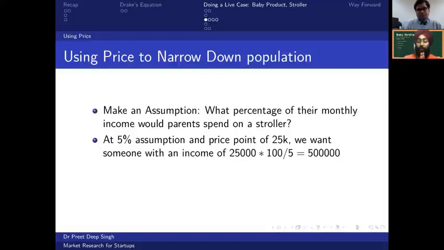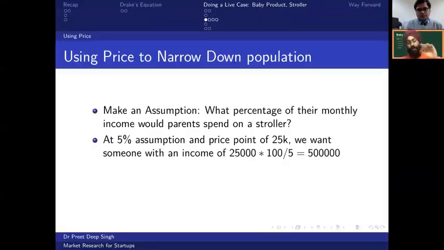Just a 5% of their monthly income assumption at a price point of 25K, we take a 5% assumption, right? That somebody would spend 5% of their monthly income on a stroller. This might seem a little less to you. This might seem more to you. It's totally up to you.